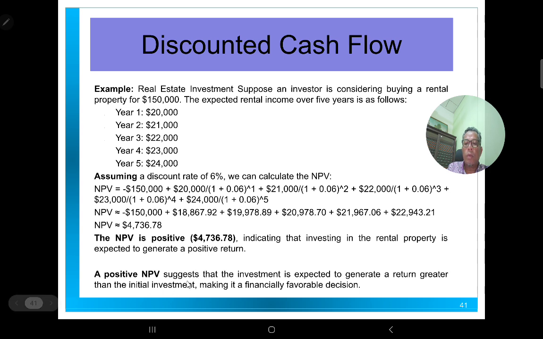A positive NPV suggests that the investment is expected to generate a return greater than the initial investment, making it a financially favorable decision. So once you have this formula, you are able to make a decision whether you want to implement the project or not.